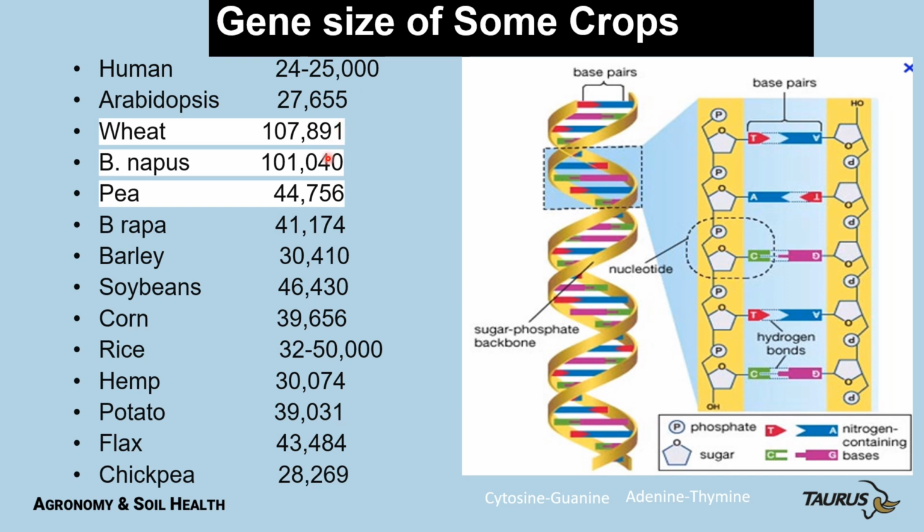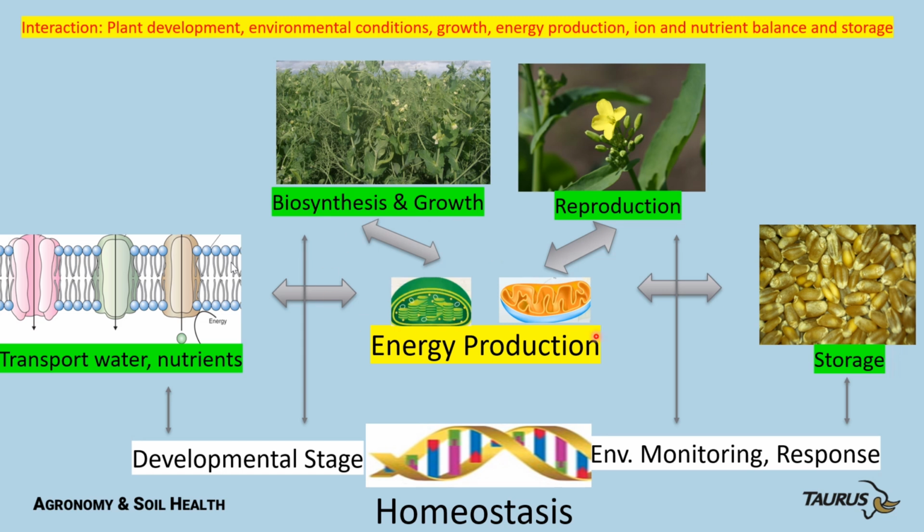And they did that through evolution because they were here, developing from plants, for a long, long time. And in the plant itself, with all these arrows, it's monitoring what is going on in all these different components of transport of nutrients, biosynthesis and growth and reproduction and so on, and how the energy production is going between photosynthesis and the mitochondria producing ATP.